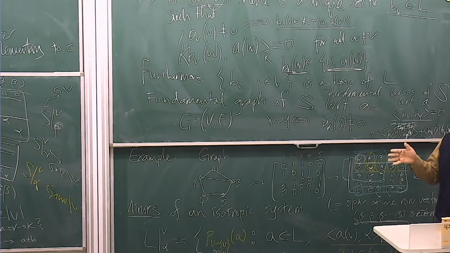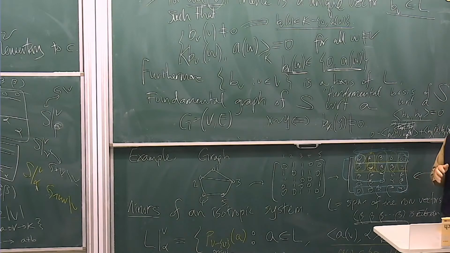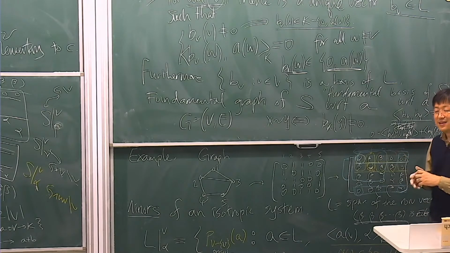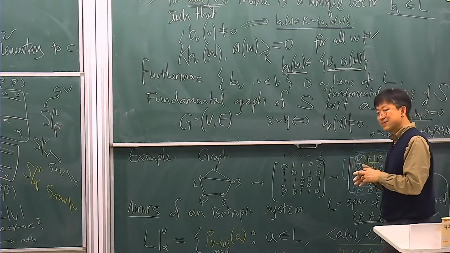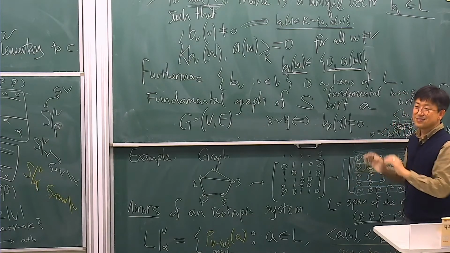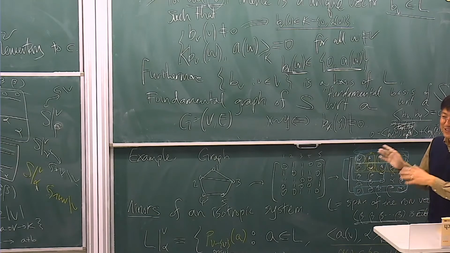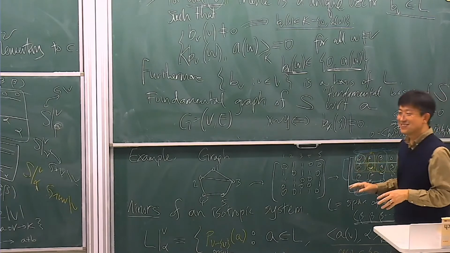Bouchet used this to prove the obstructions for circle graphs. Circle graphs are characterized by forbidden vertex-minors, but you can look at the isotropic system and do something. Anyway, if you like matrices, there are lots of interesting connections.